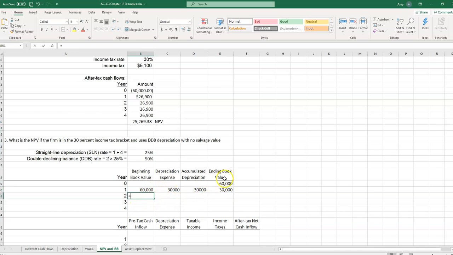Okay. So in year 2, our book value is 30,000 and our depreciation expense is 30,000 times 50%.